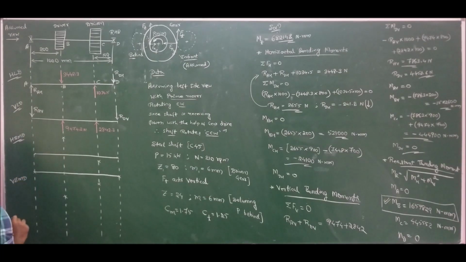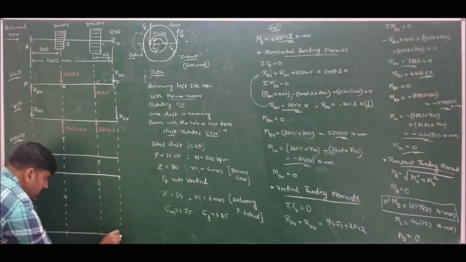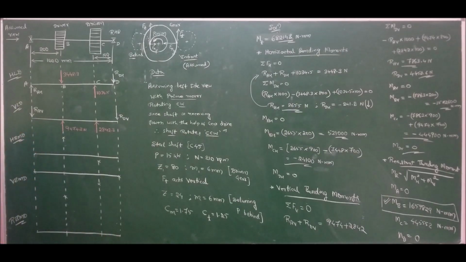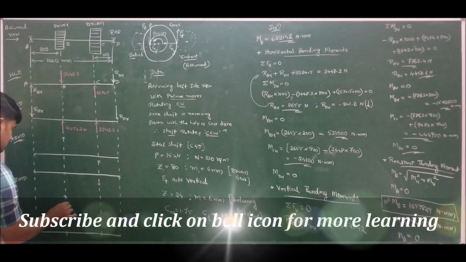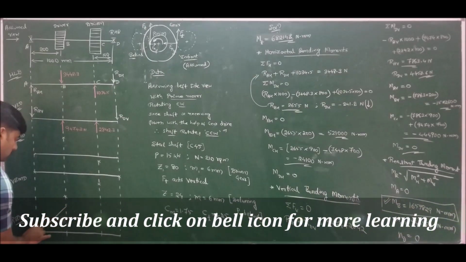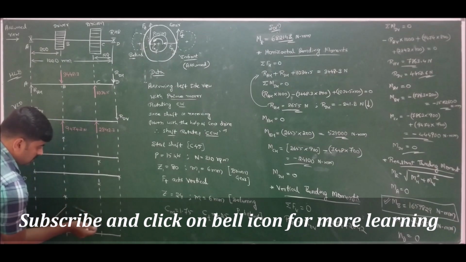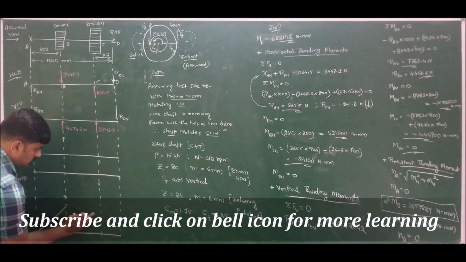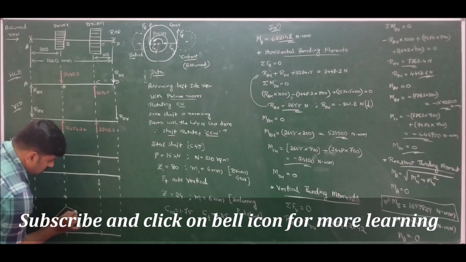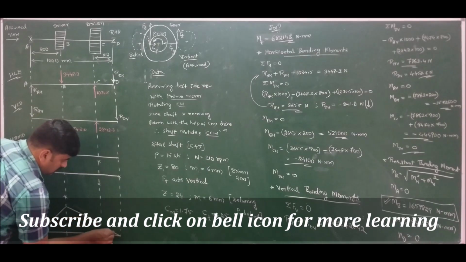Finally we have resultant bending moment diagram. If I draw resultant bending moment diagram, at A it is 0, at B it is very high 1659829, at C it is less. The variations are linear. Then connect it to 0.